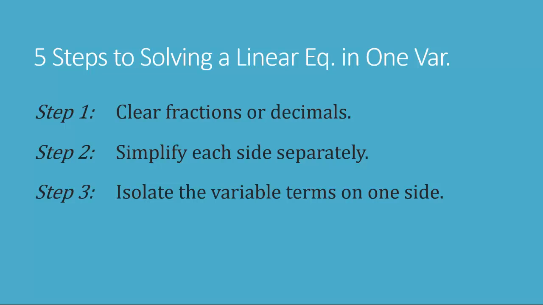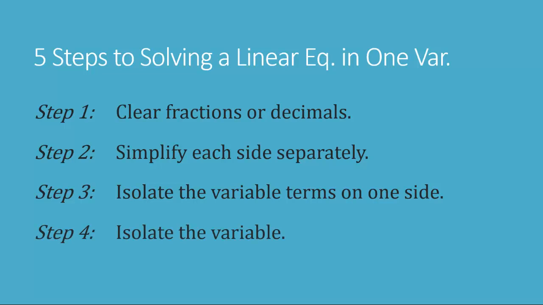So if x is on the left and the right, we need to move all of the x variables from the right side to the left. The best way to do that is to add that same number or subtract that number, so that it disappears from the right and is moved to the left side. And we'll see that in an example later.